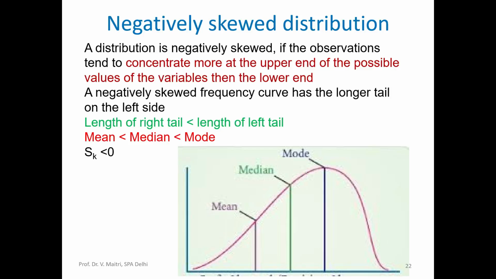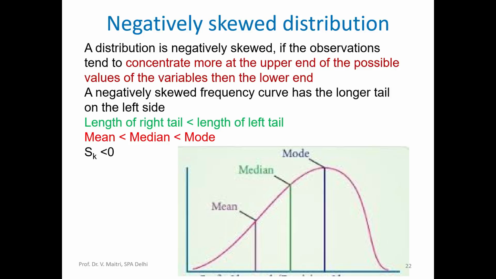So the length of the right tail is less than the length of the left tail. This is the length of the left tail and this is the length of the right tail. So this is negatively skewed data.